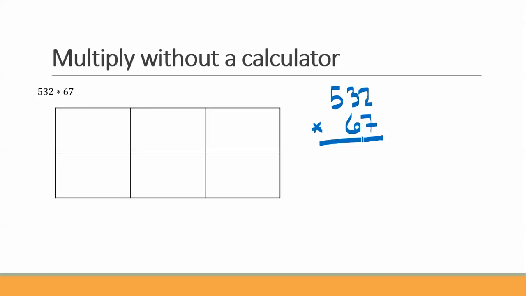To do this multiplication, we're going to multiply 7 times 532 and then 60 times 532.